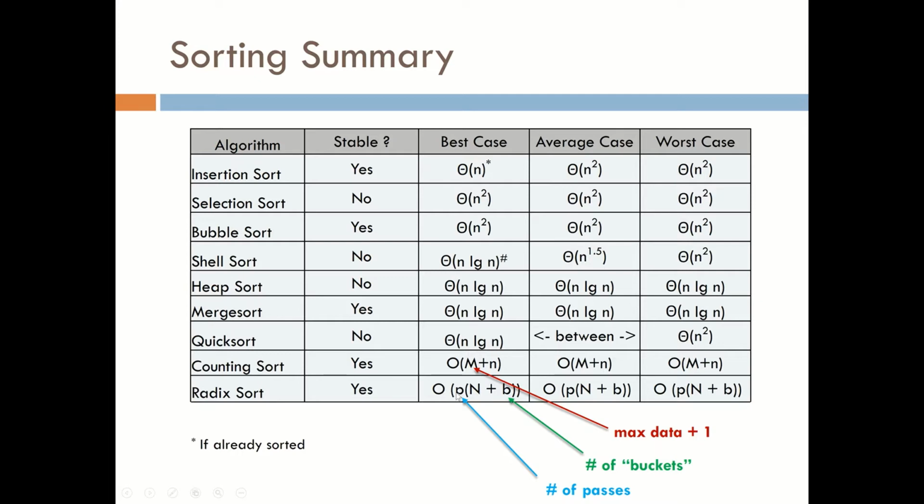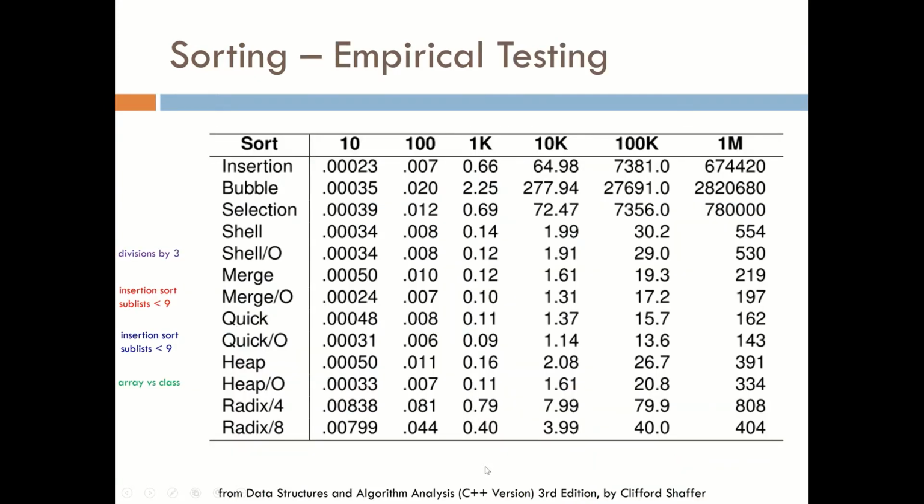So p times n plus b is still linear with respect to n. We're just giving n a coefficient, the coefficient of p, which is fixed for the number of passes. Therefore, this is a linear sorting algorithm.